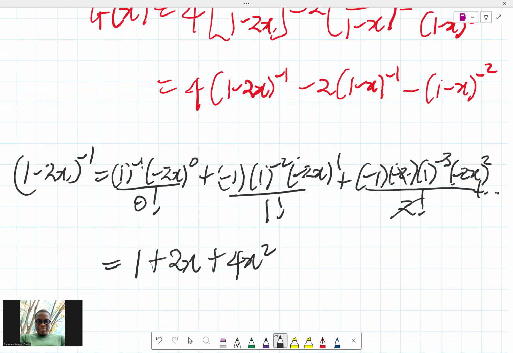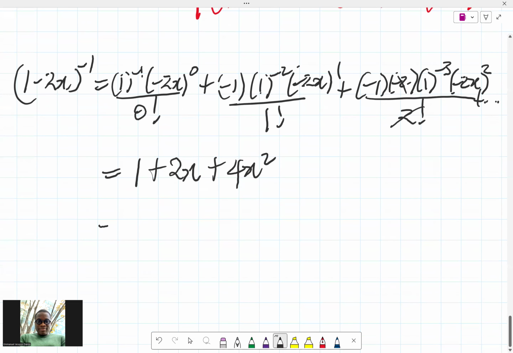So this now is more like summation from n equals 0 to infinity of 2 raised power n, x raised power n. For instance, when n is 0, you have 2 raised power 0, x raised power 0, that is 1. When n is 1, you have 2 raised power 1, x raised power 1.